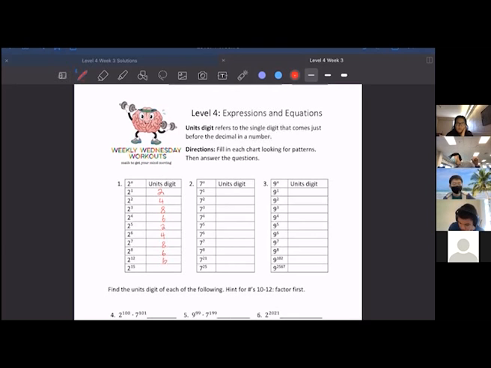What's the remainder? All right, so 15 divided by 4. That gives us 3, with a remainder of 3, I think. Yeah. So if you have a remainder of 3, according to this pattern, the units digit is 8, I believe.